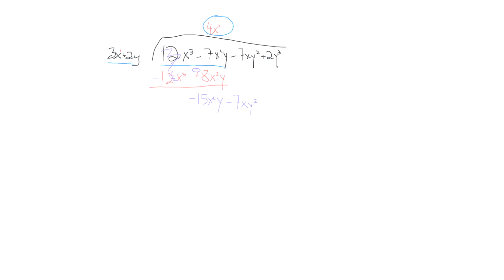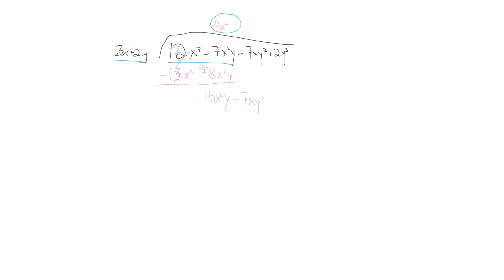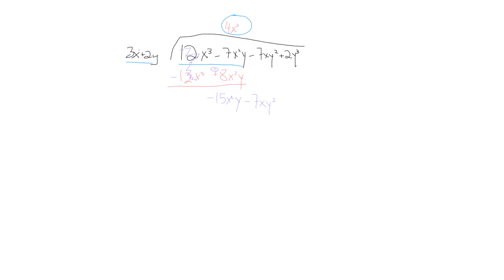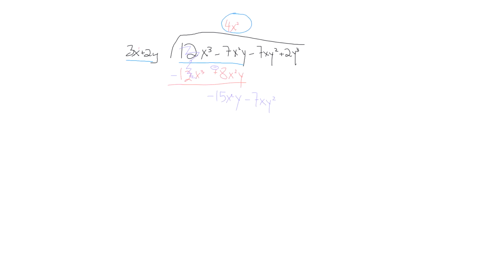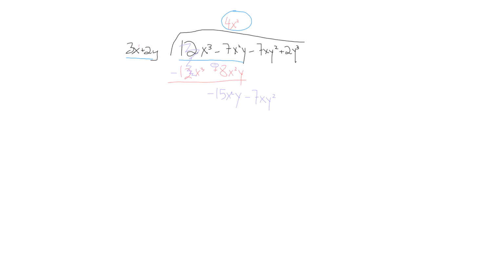I'm looking at the first term to get rid of the first term. So 3x into this 15x squared y. What do I need to do to 3 to get it to be 15? Minus 5.